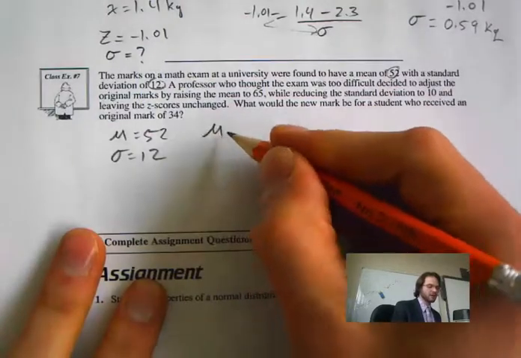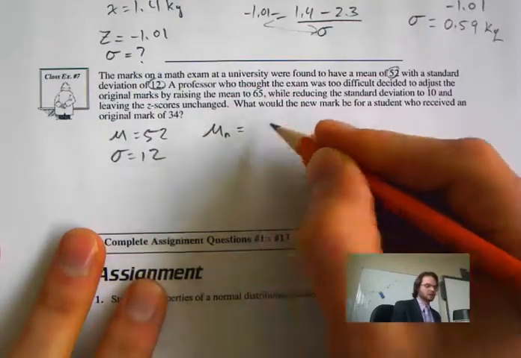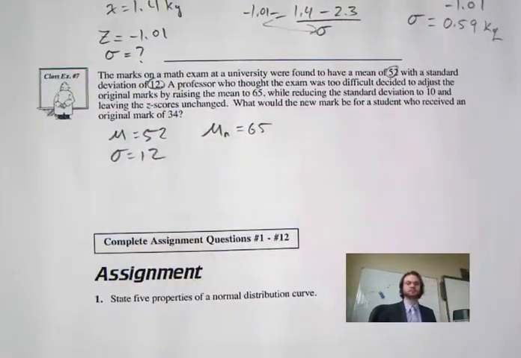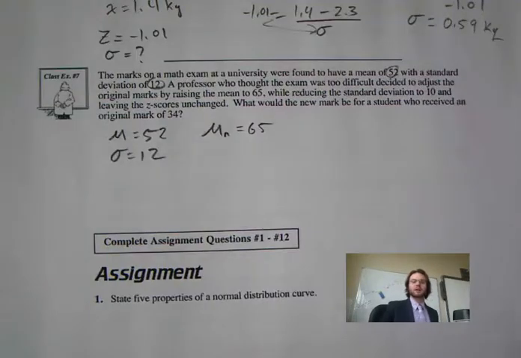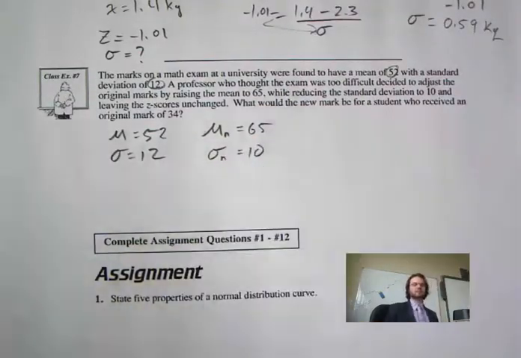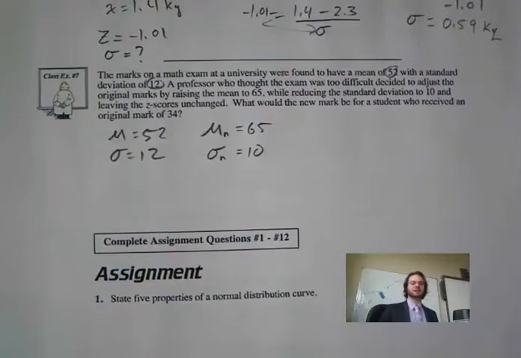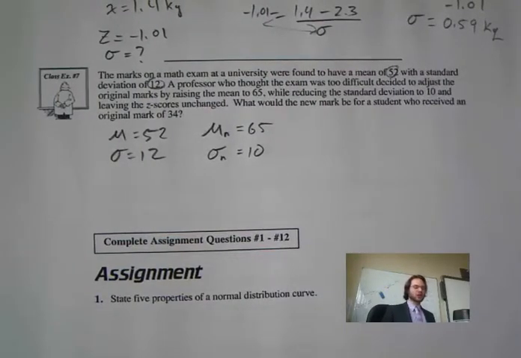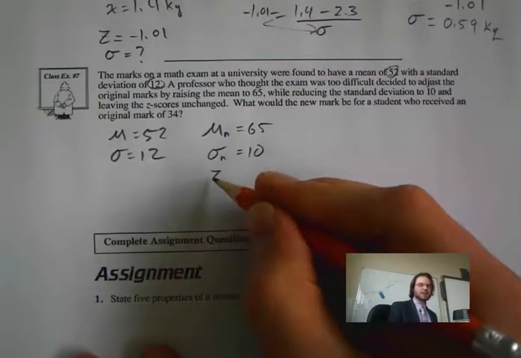So I'll say the new mean is equal to 65. He also reduced the standard deviation to 10, leaving the Z-score unchanged. So the Z stays the same.